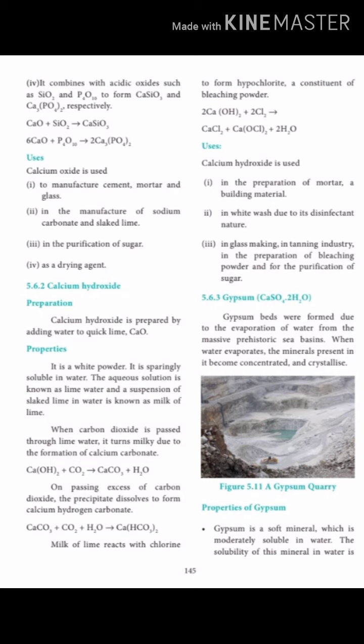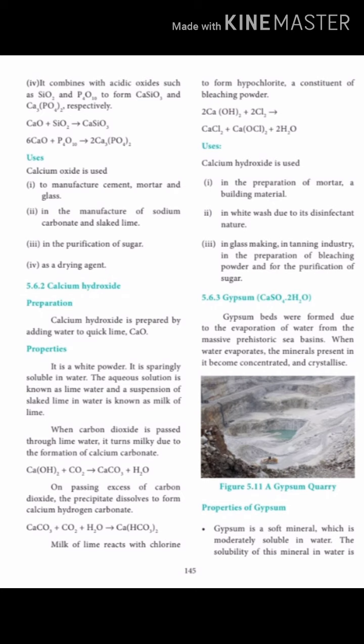Another topic, gypsum. Gypsum, molecular formula CaSO4·2H2O. Gypsum is also used in the manufacture of cement. Gypsum deposits were formed due to the evaporation of water from massive water basins.